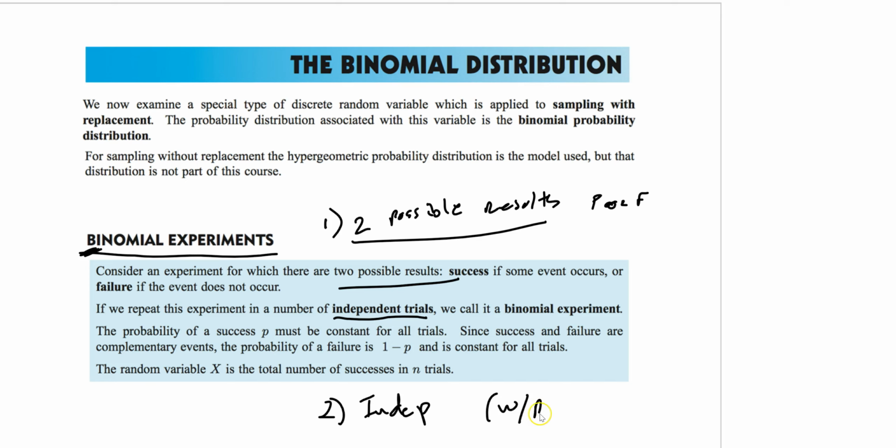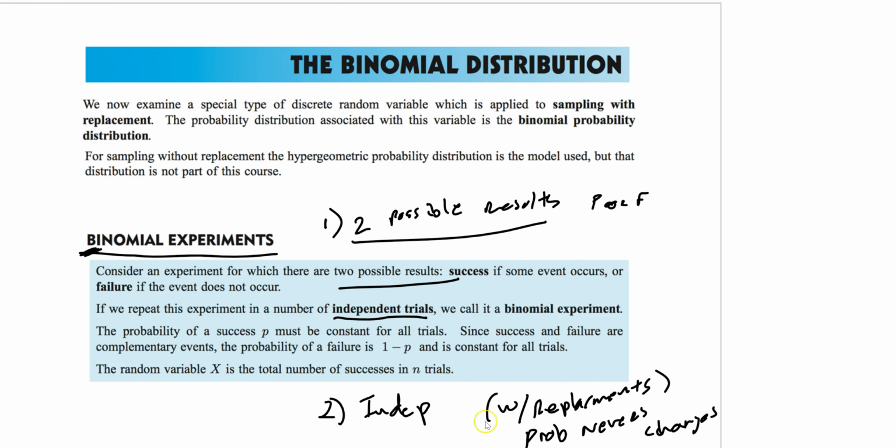The odds have to stay the same. The probability never changes. If we have those things, then we have a binomial distribution, and that means we can use a binomial distribution to solve it, which is a good thing.